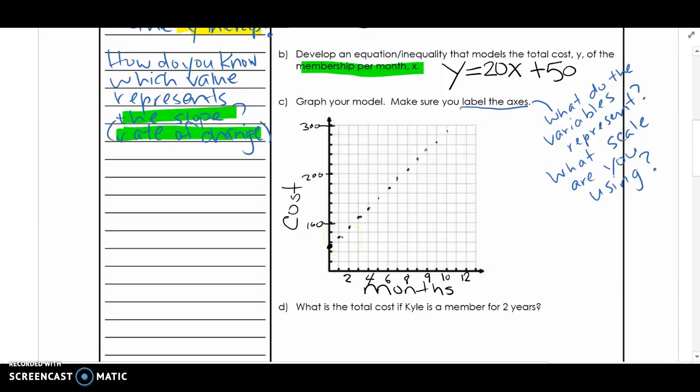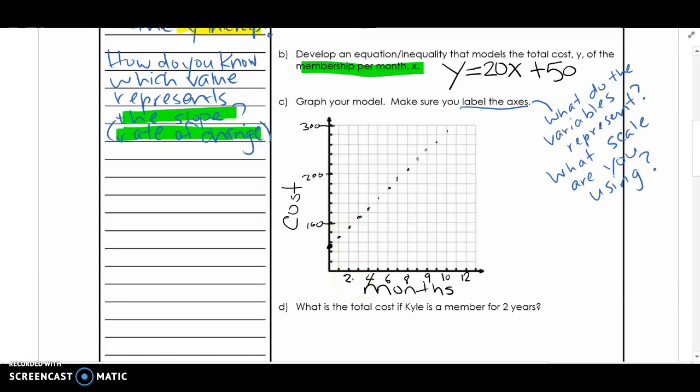and then I decide whether or not to connect the points. Discrete data is when the points you've plotted are the only points that make sense. So in this scenario, we need to decide if you think he could pay for a half of month.